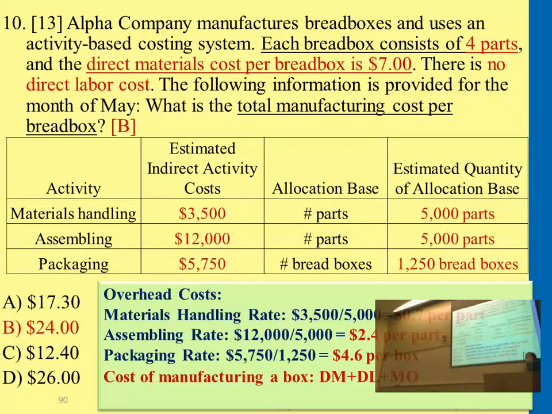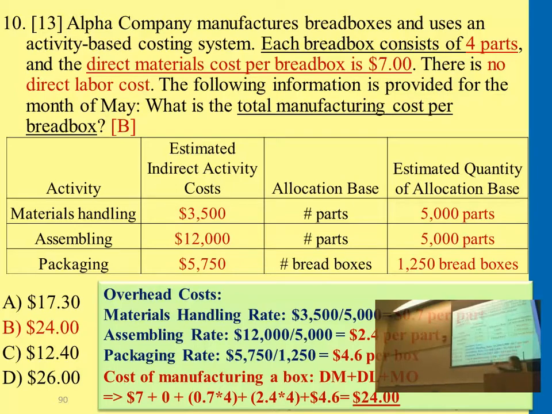Okay, so if we list them all together, this is the direct materials cost, $7 for each bread box, and 0.7 is the rate for materials handling, but each box relates to 4 parts. So you use this rate to multiply by 4 parts to represent 1 box's materials handling cost.